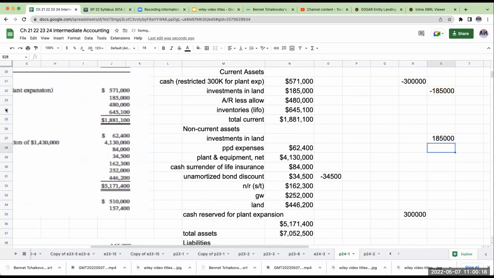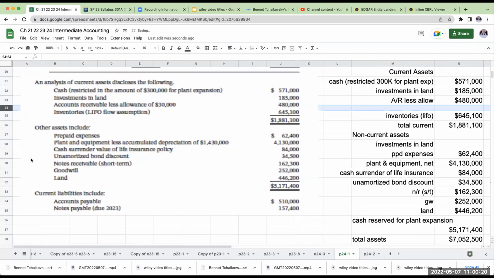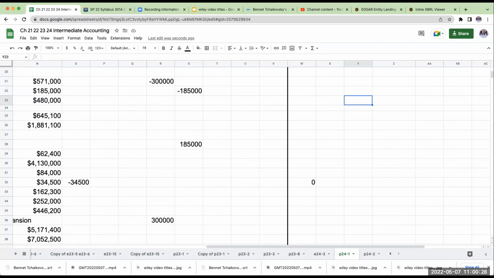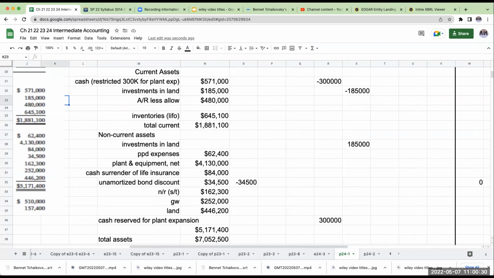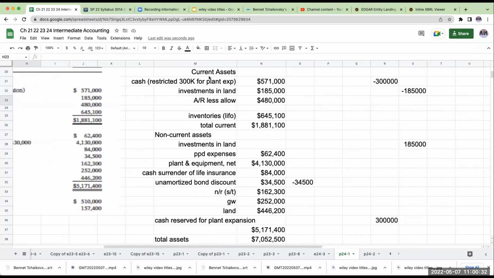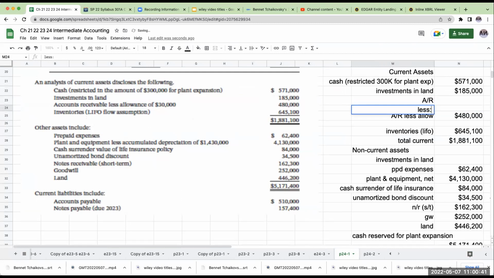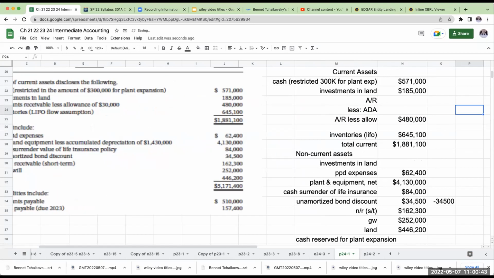Okay, the other thing we're going to do is when it comes to showing accounts receivable, and I do agree with the textbook on this, you want to show, and we can just add in 2 columns above here, accounts receivable less the allowance for doubtful accounts.